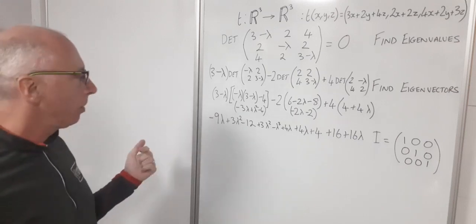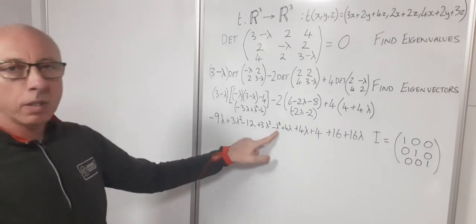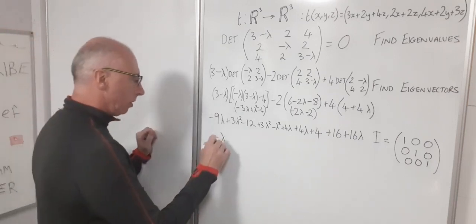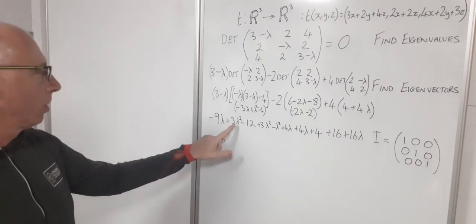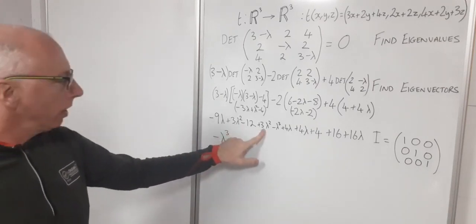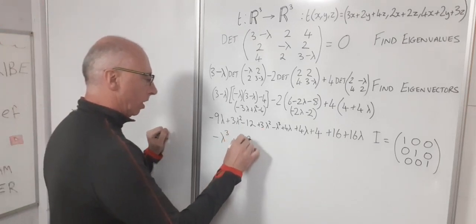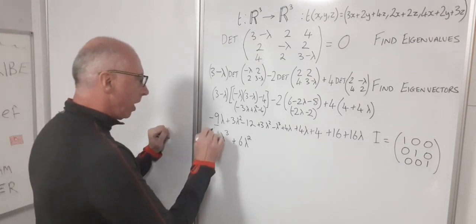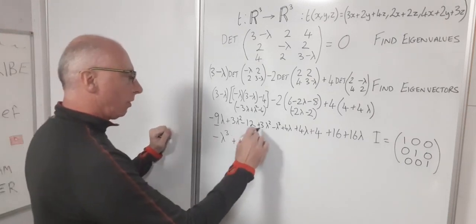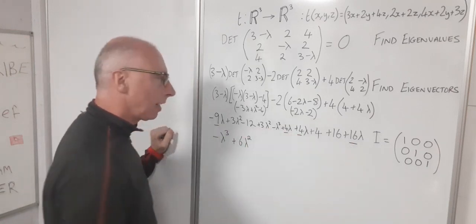Let's simplify it off and put the like ones together. So there's only one cube, so minus lambda cubed. Now squared terms should be 2. So 3 lambda squared and 3 lambda squared. Add that up, 6 lambda squared. Okay, right, now the lambda terms. So we've got minus 9, we've got a plus 4 and a plus 4 and a plus 16.